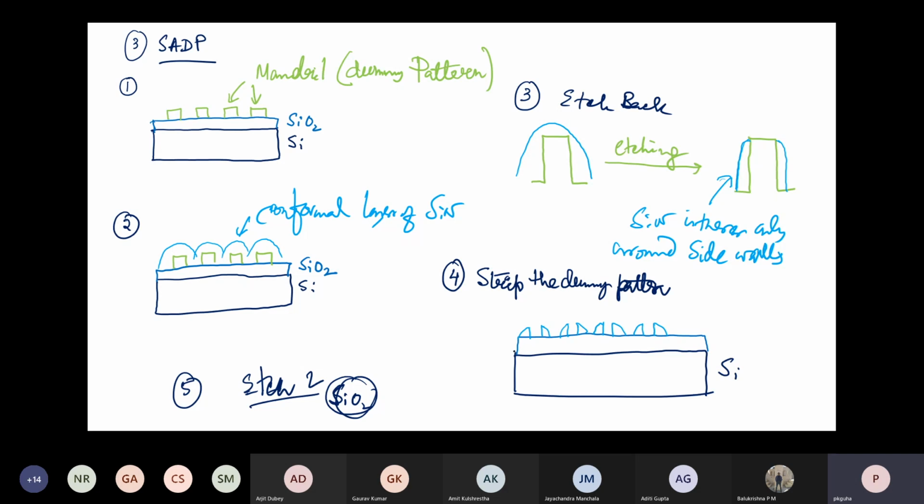Using this spacer layer SiN, you etch the hard mask SiO2, right? So this is the SADP pattern. This pattern, if you remember, we discussed during our FinFET fabrication. Now the advantage of SADP compared to the other two is, you see here only one lithography step is required, right? Only one lithography step.